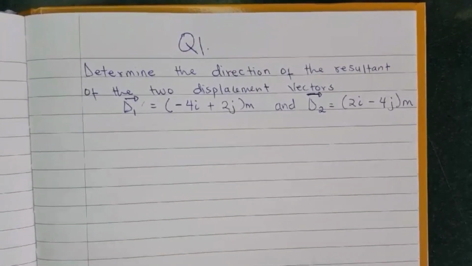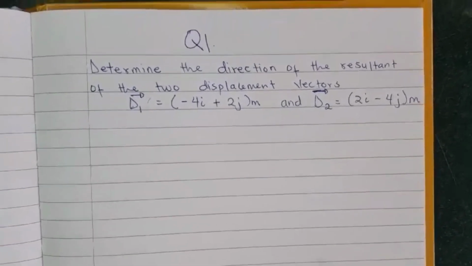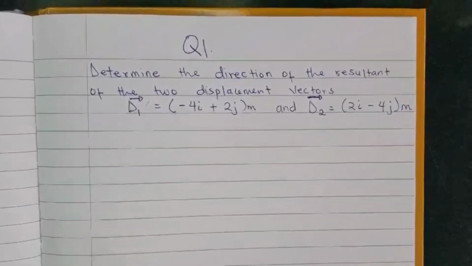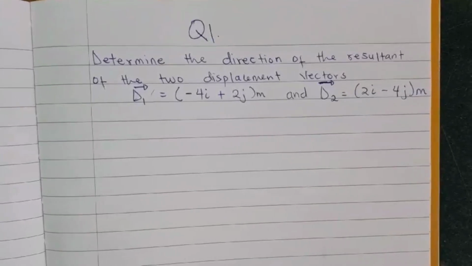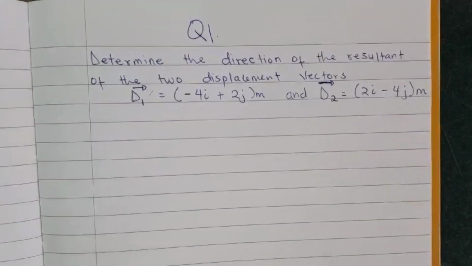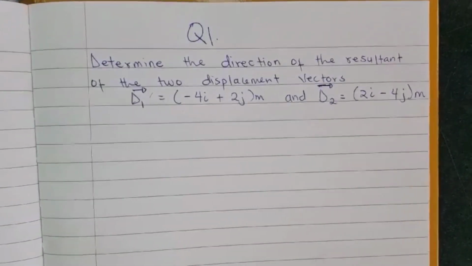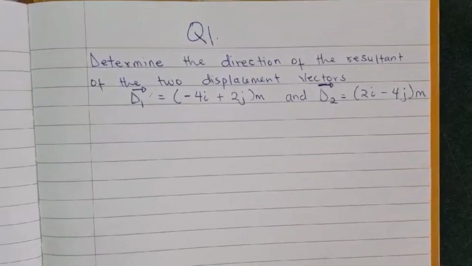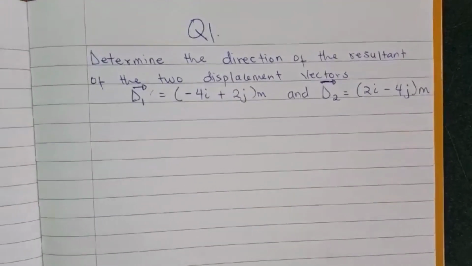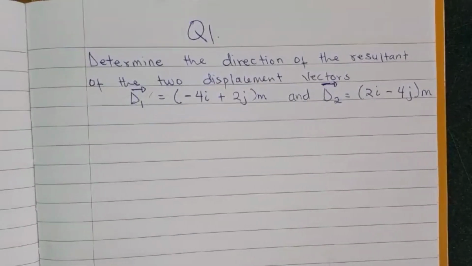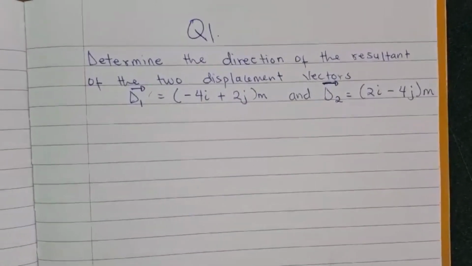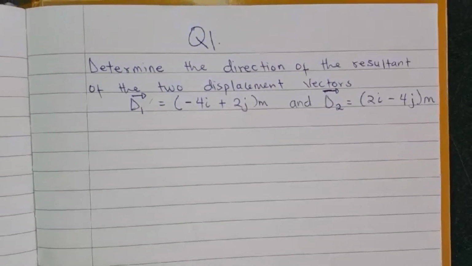Okay, so the question is very simple and it reads this way: determine the direction of the resultant of the two displacement vectors. d1 is given as minus 4i plus 2j in meters, and d2 reads as 2i minus 4j, also in meters. So we have two displacement vectors and we want to find the direction of the resultant.